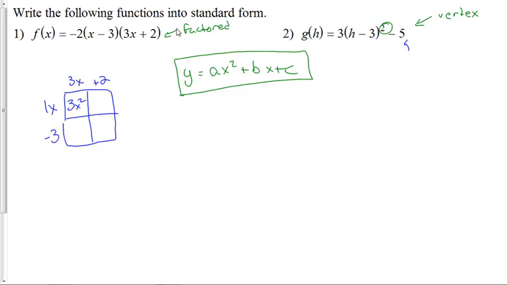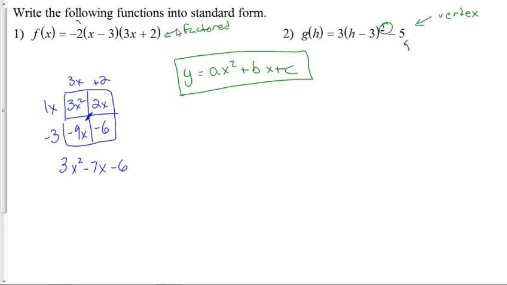And 1x times 2 is 2x, 3x times negative 3 is negative 9x, and 2 times negative 3 is negative 6. What you will find for all of these in quadratics is that those two will be able to be added together. So my answer from this piece is 3x squared minus 7x minus 6.